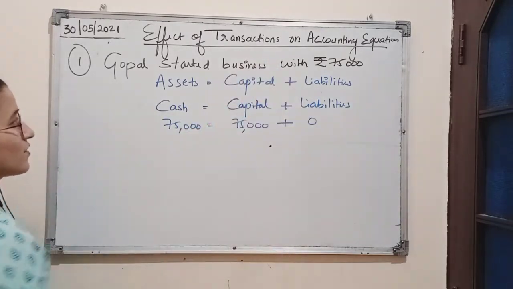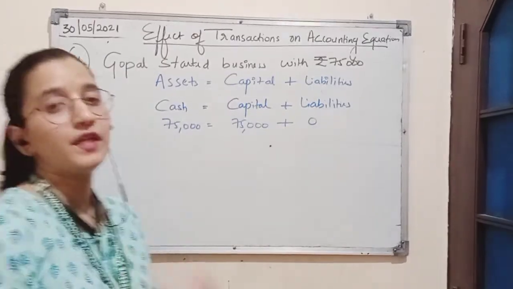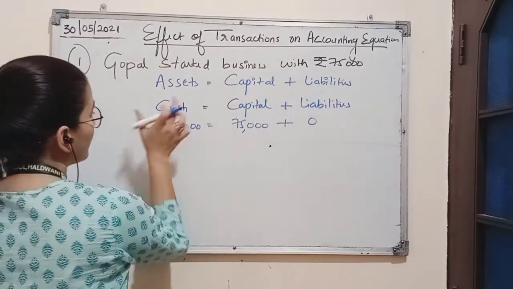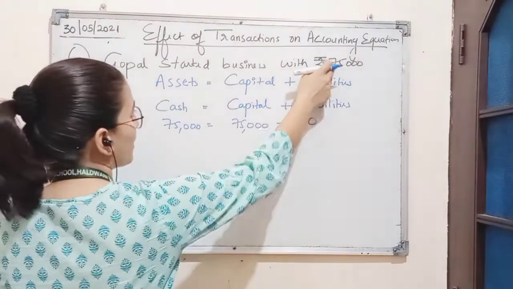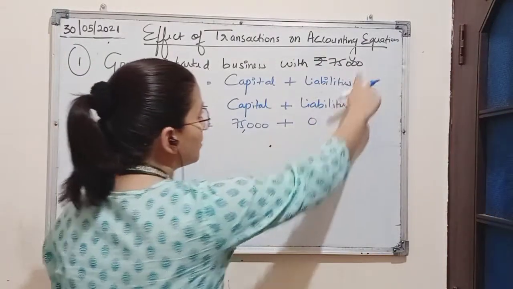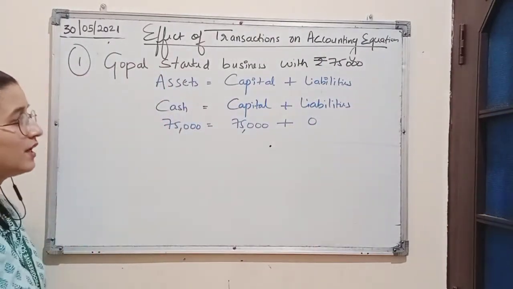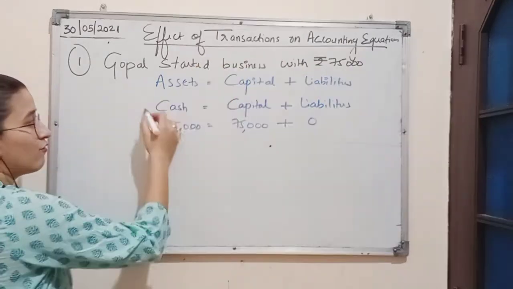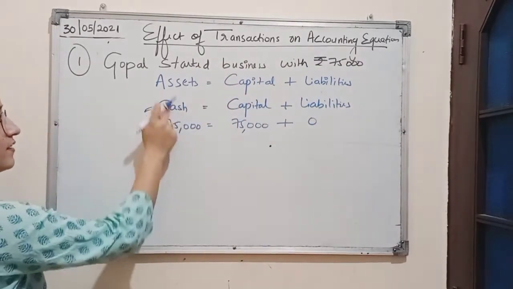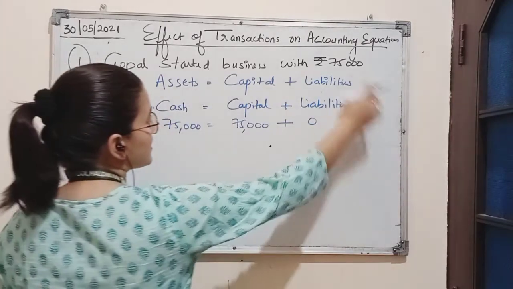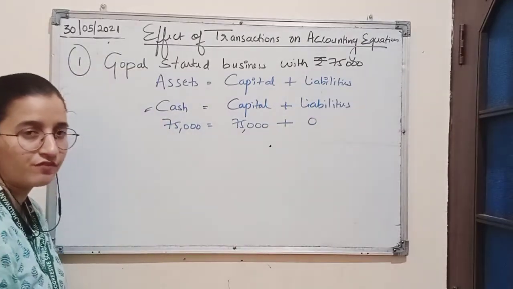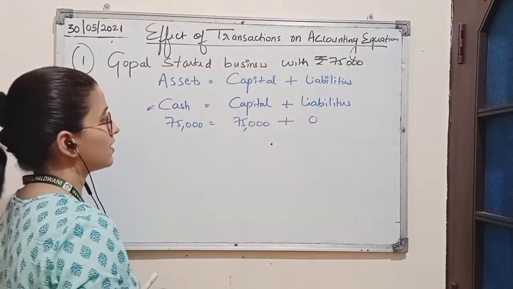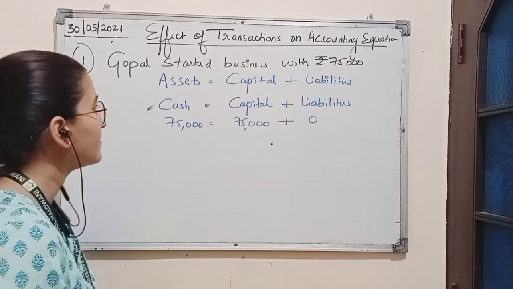So whenever there is a transaction where a business is being started with a particular amount, we will open a cash column because this amount is an asset. With this amount, assets of the firm are purchased and this amount is being invested in the business in the form of cash. So the asset here will be cash, and at the same time it is capital for the firm also. Capital with the same amount 75,000. So the equation here is balanced.